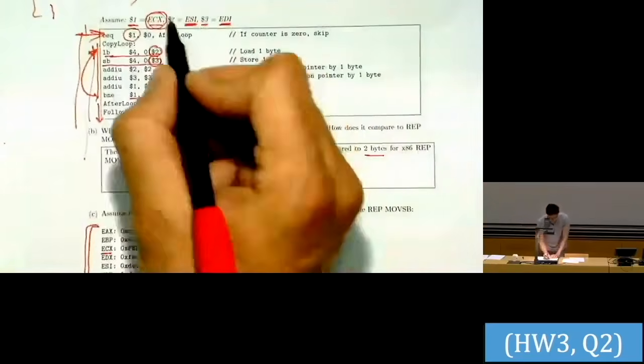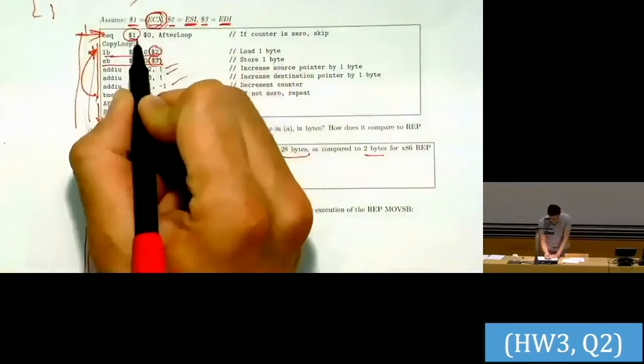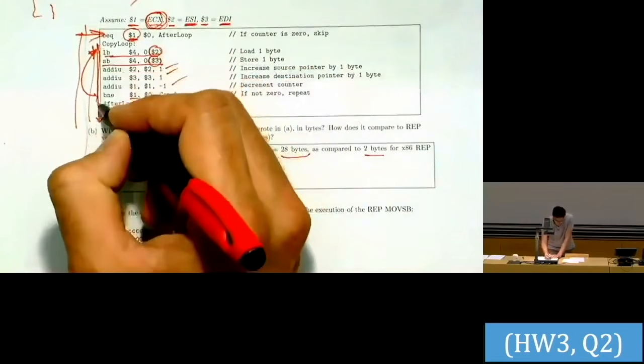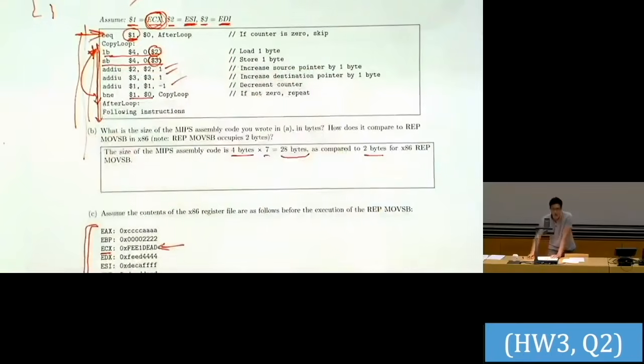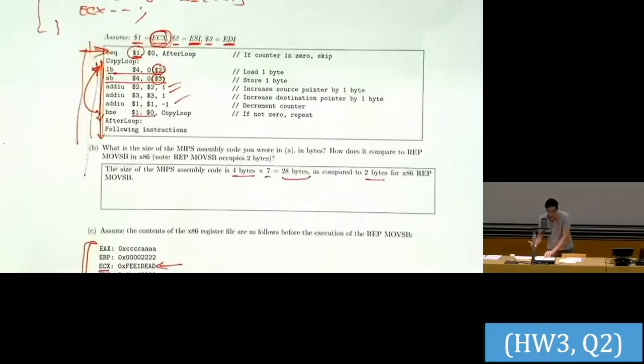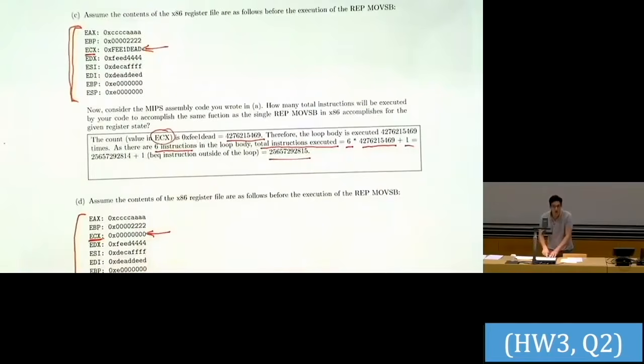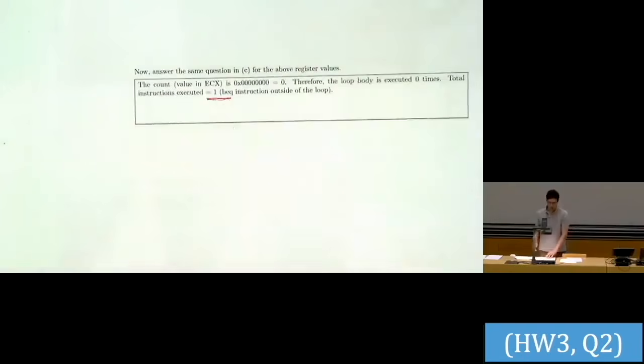ECX is 0, this register 1 is 0, so we don't execute the loop body any single time. So the total number of instructions that are executed in this case with these contents of the register file is only 1. It's only the first BEQ instruction that you have in the code. Is that clear?